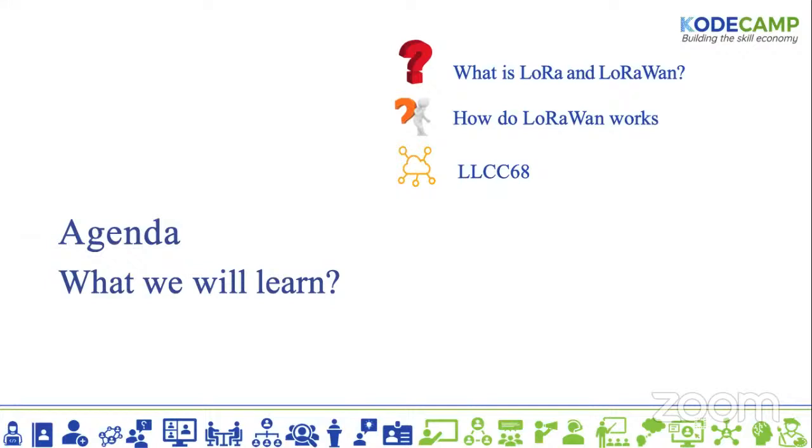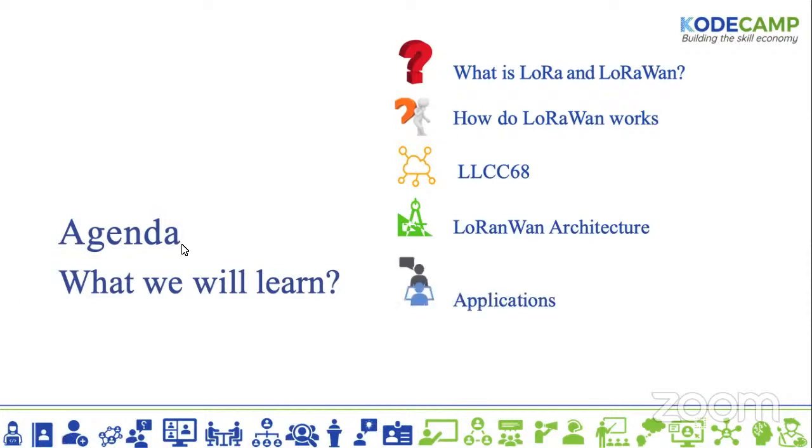We're also going to look at its architecture so that we'll be able to understand how they work. After that, we'll look at the LoRaWAN architecture, and then we'll look at some basic applications of LoRaWAN. So what are these basic applications? Where can it be used, and what other things can it be used for? We are going to look at that today.